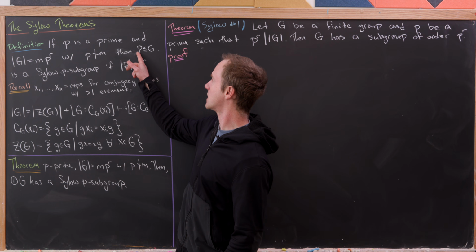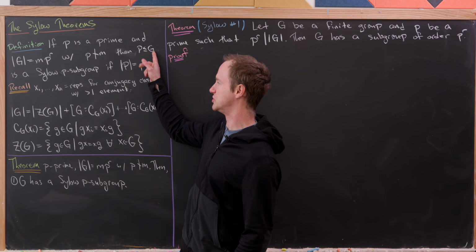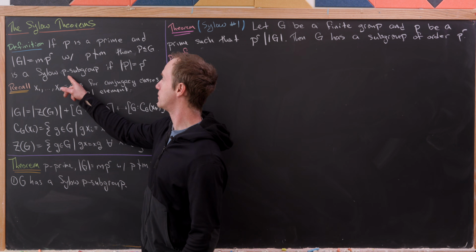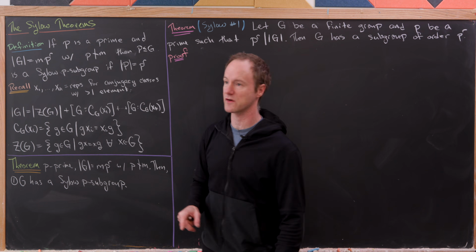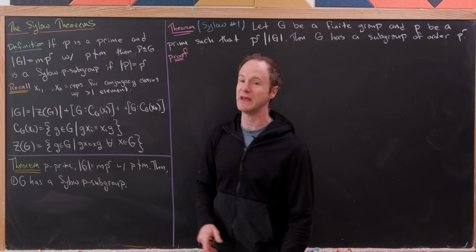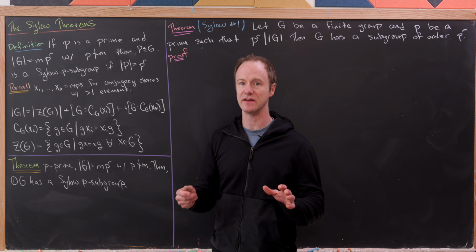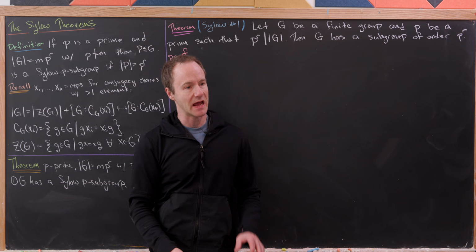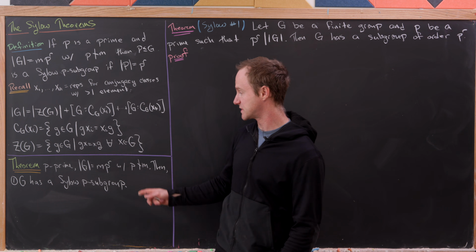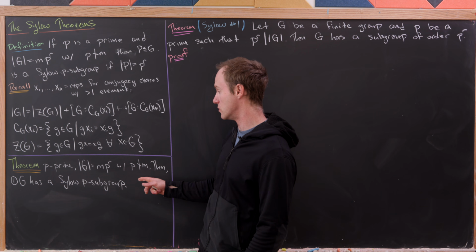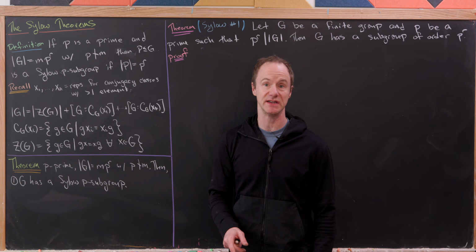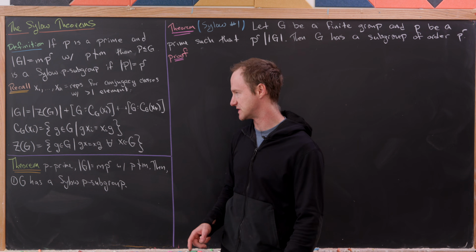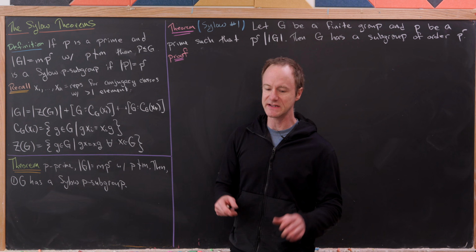Then, if we've got a subgroup capital P of our group G, it's called a Sylow p-subgroup if the order of P is equal to p to the r. So it achieves this largest power of the prime p. And what we'll show first is that every group has a Sylow p-subgroup, I should say. But we're going to need some tools here.